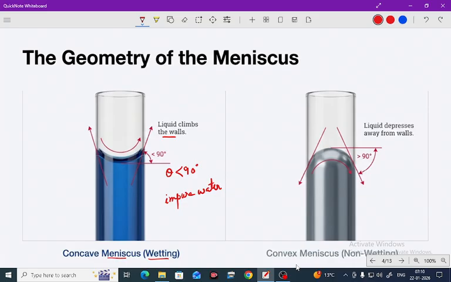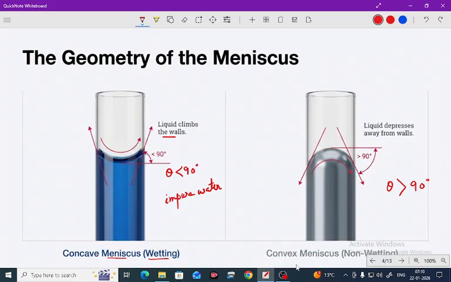Liquid displaces away from walls when the angle theta is greater than 90 degree. So we are getting this angle.